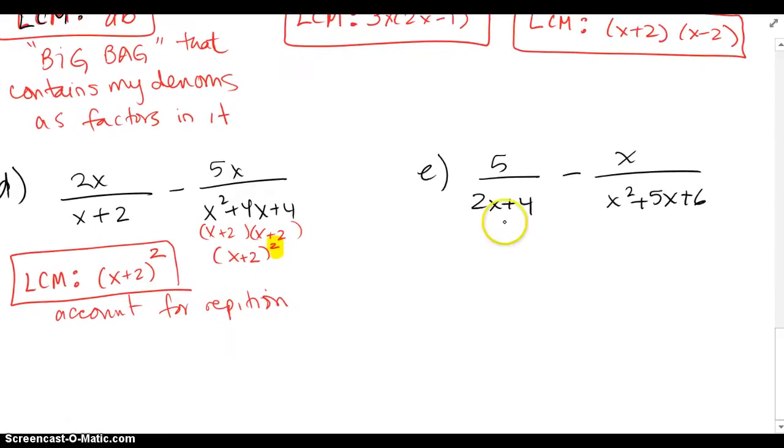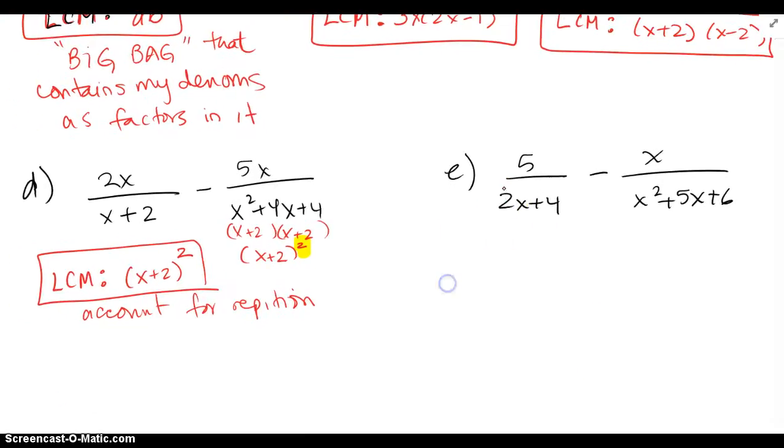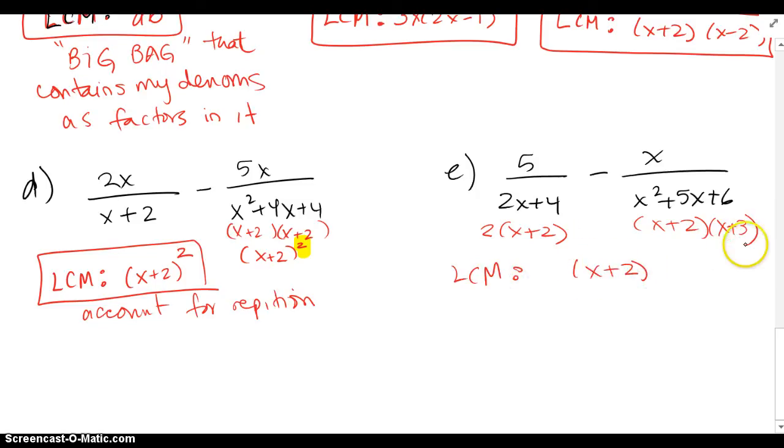Part E, it looks like I can factor this guy. I'm going to pull out a 2, x plus 2. I can also factor this guy as x plus 2 and x plus 3. So now my LCM definitely has to have an x plus 2, definitely has to have this different x plus 3, and also notice it has to have this 2 because a 2 is its own different factor.